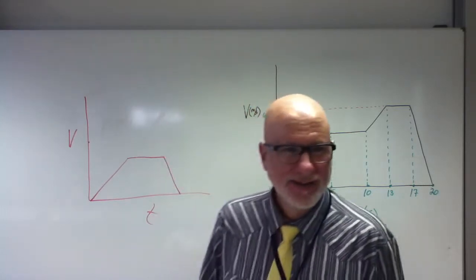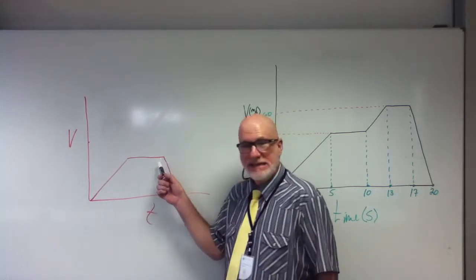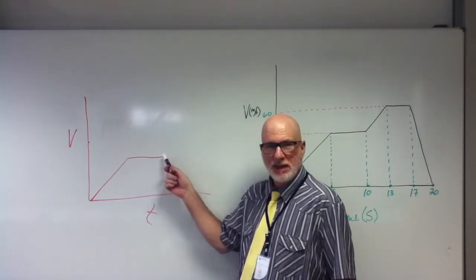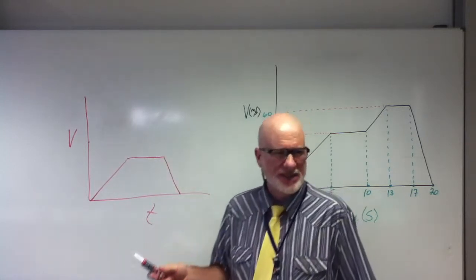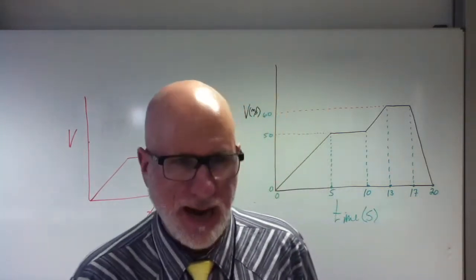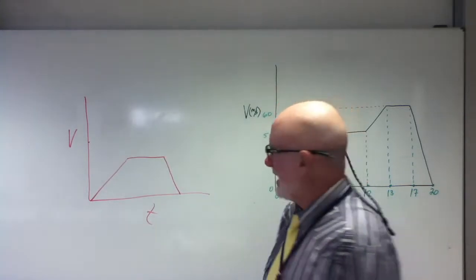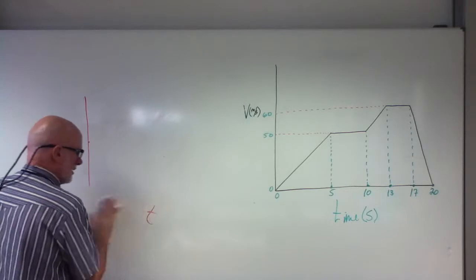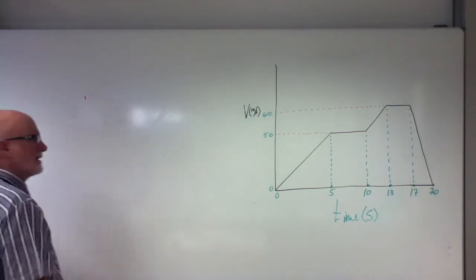Okay, now. So that's going to be decelerating, right? So you're going to accelerate, same speed, you're going to decelerate. Easy stuff, isn't it? It's interpreting graphs. Pretty easy, right? So that's what I have here. So let me ask you what this means.